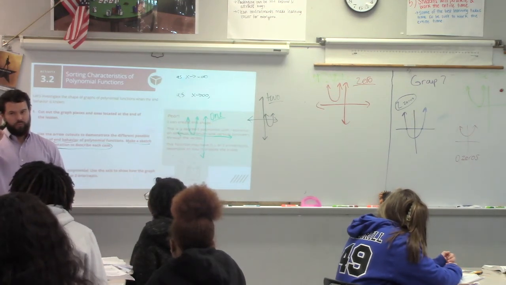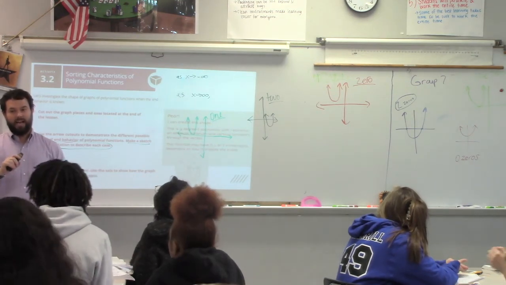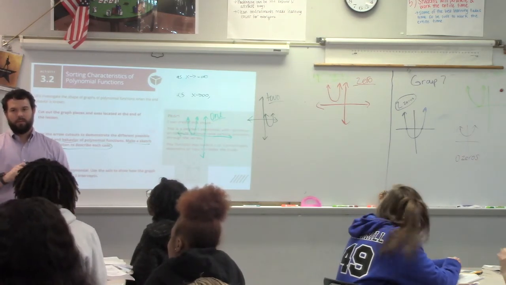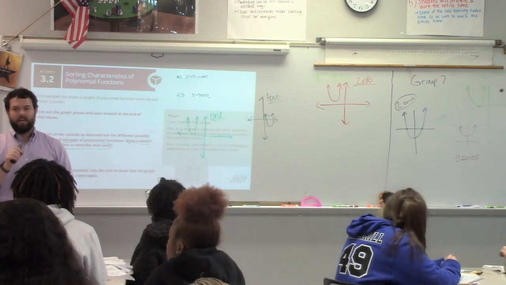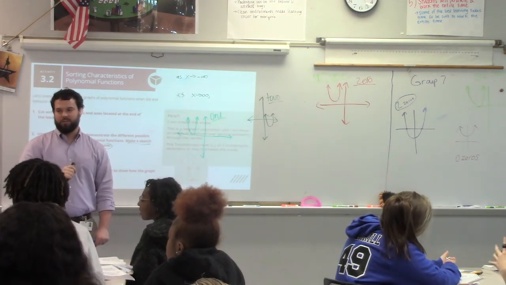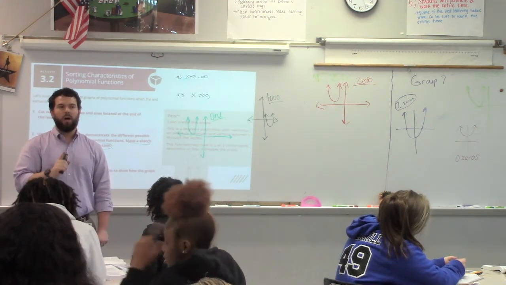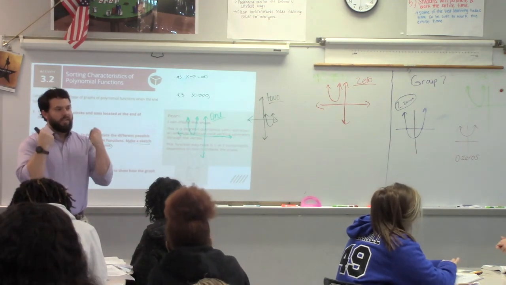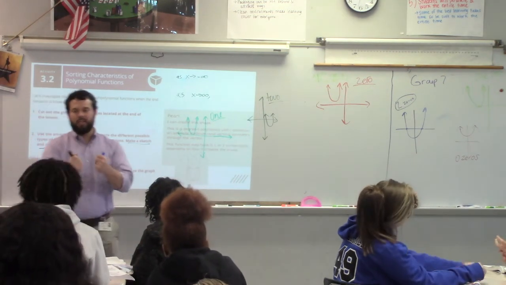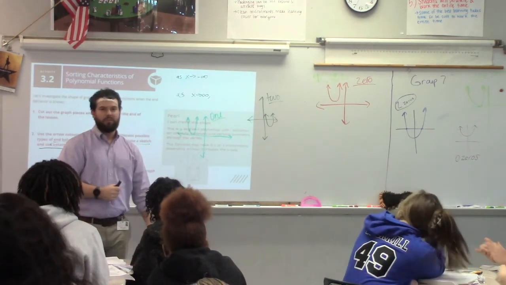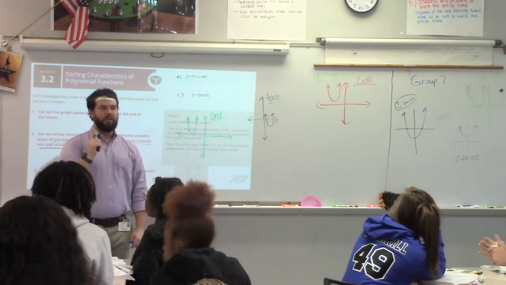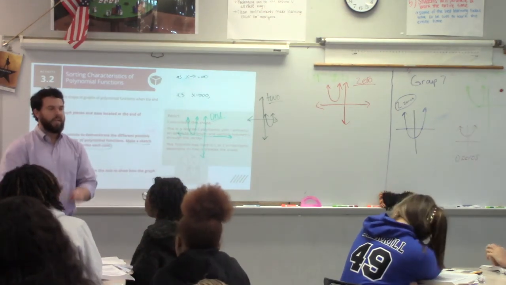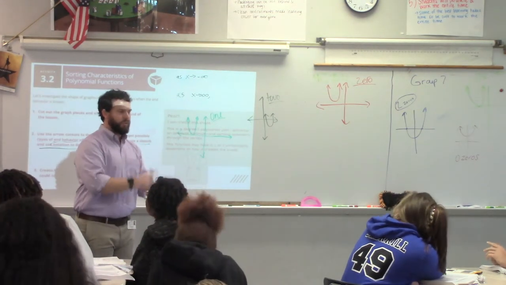The degree matches the number of zeros. Remember, what fundamental theorem tells us that the degree is the number of zeros? The fundamental theorem of algebra. It's not at least 2 zeros. If it is second degree, it is 2 zeros.